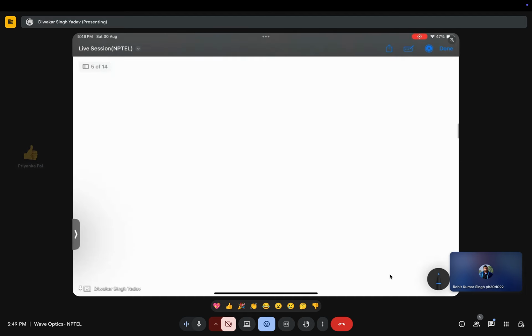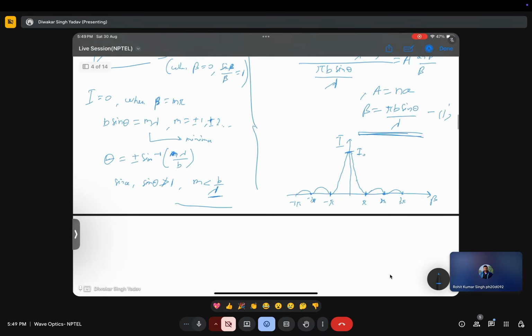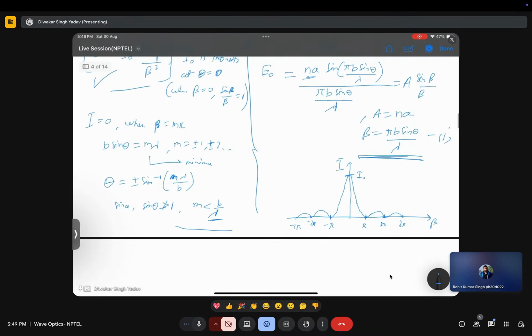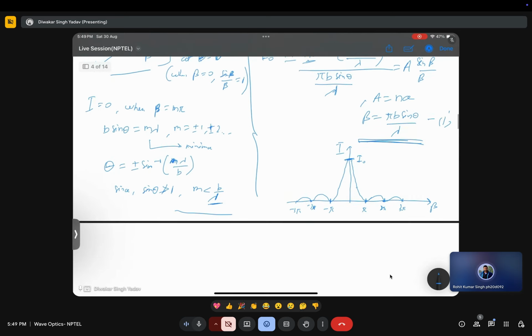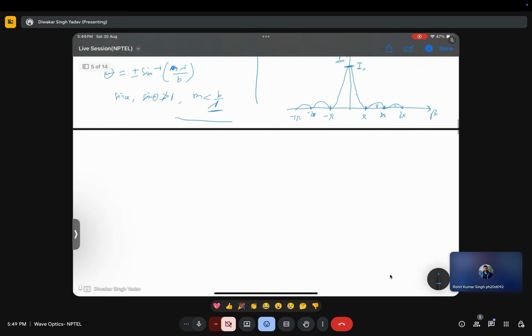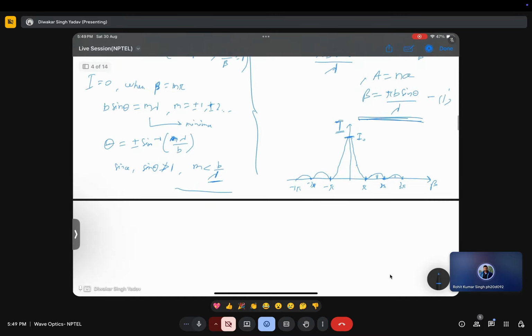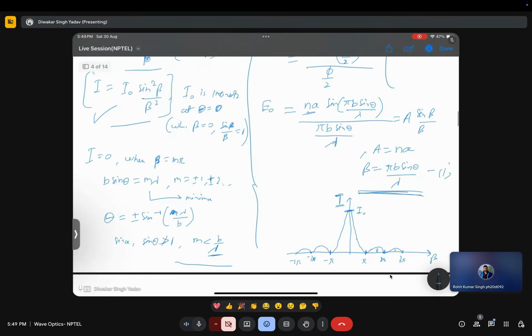Okay, so what about maxima? We know that at beta equal to 0 there will be a maxima, but where will these other maxima points lie? That's not very straightforward from this formula.